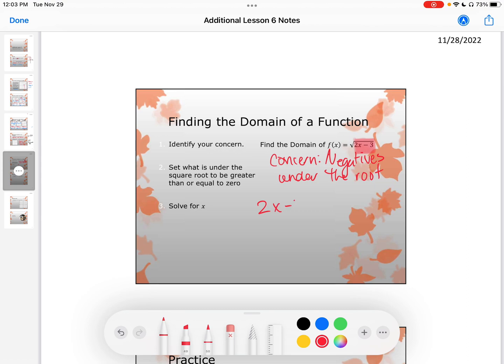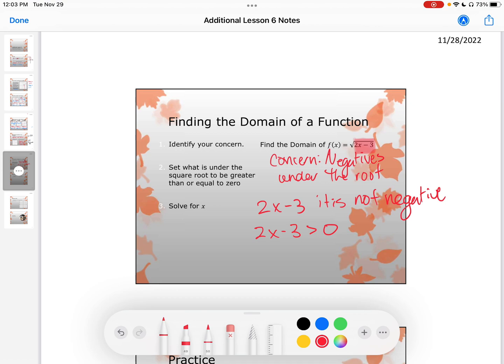So I need to make sure that 2x minus 3 is not negative. That means I need to make sure that it is greater than 0, because all of your positive numbers are greater than 0.